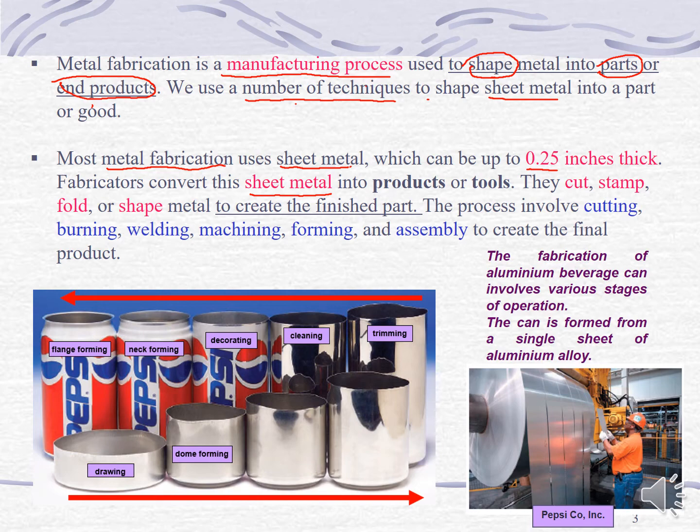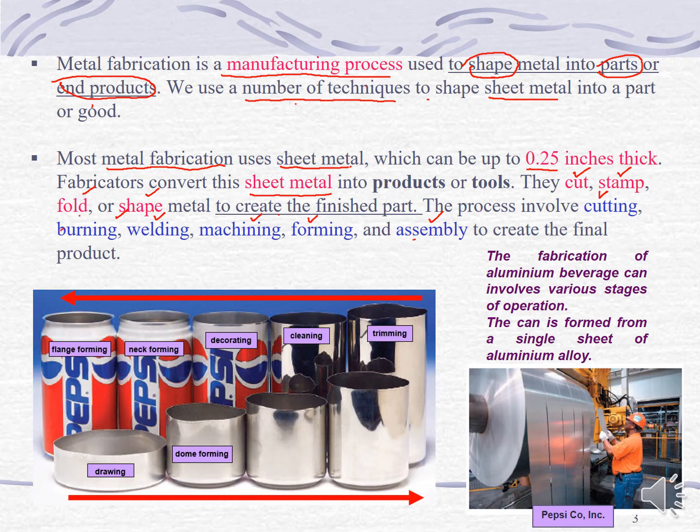They cut, stamp, fold, and shape the metal in order to produce the desired product or the finished product. The process involves cutting, burning, welding, machining, forming, and assembly in order to get the final product.